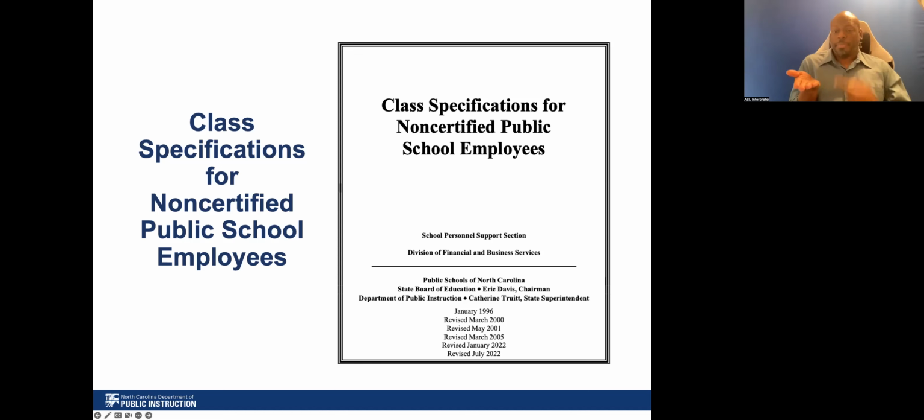Although spoken language facilitators are not identified within the class specifications document, we recognize that many students across the state of North Carolina are receiving support in listening and spoken language from these positions, and therefore spoken language facilitators are included within the technical assistance document.